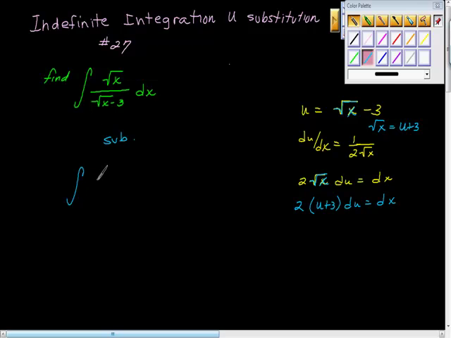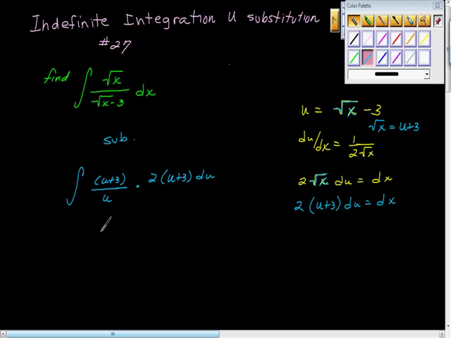It will look like u plus 3 over u, because remember, u plus 3 is the square root of x. And so we're replacing this for this, and then we're going to take 2 times u plus 3 du.